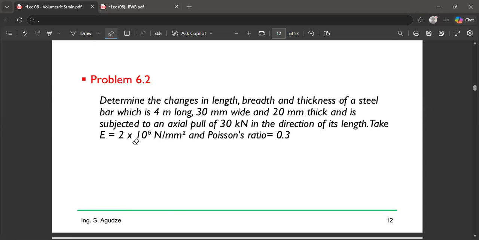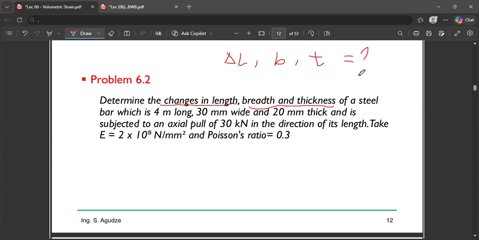Take elasticity to be 2 times 10 exponent 5 Newton per millimeter squared, and Poisson ratio to be 0.3. The only thing we are supposed to determine is the change in length, the breadth, and the thickness of the bar. These are the things that we don't know, that we are supposed to look for.